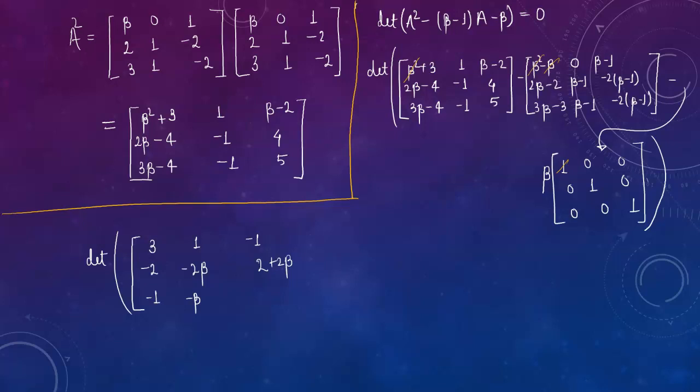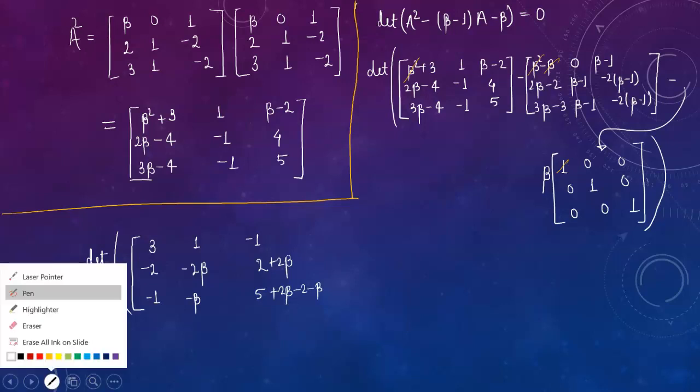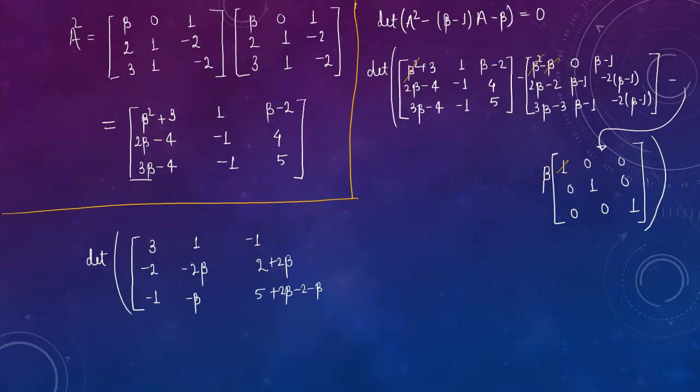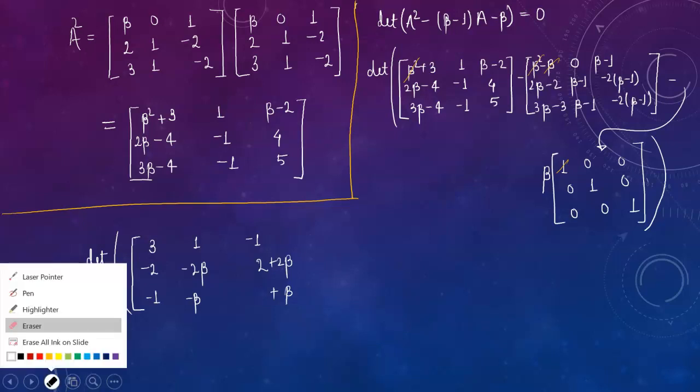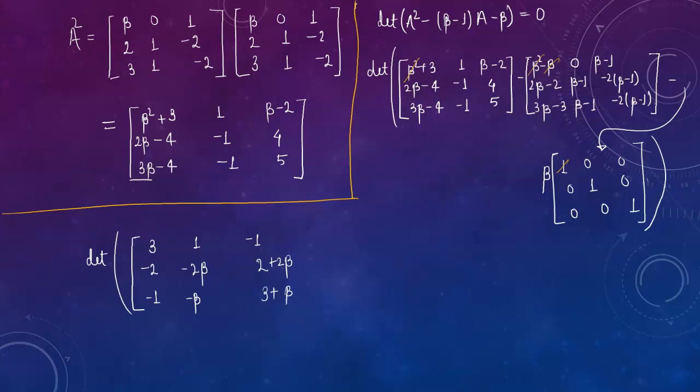Yes, it will be minus beta. And 5 plus 2 beta minus 2 minus beta. So this 2 beta and beta will be compensated, and 5 minus 2 will be 3. So 3 plus beta will be there. Fine. This determinant I want 0.